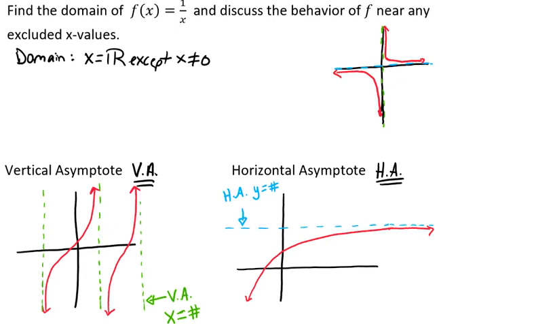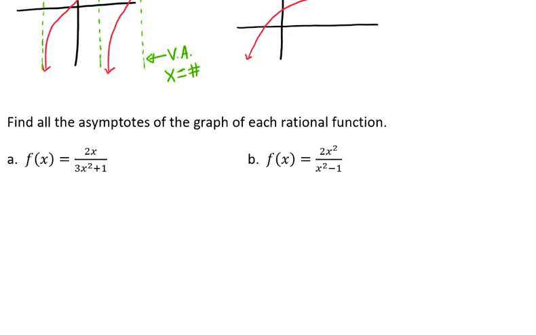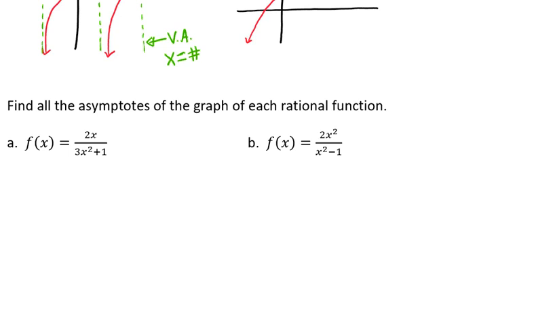All right, so let's see. We're going to find all of the asymptotes of the graph of each of these rational functions. So we'll start with example A, which is f of x equals 2x divided by 3x squared plus 1. So we'll find our vertical asymptote by taking our denominator and setting it equal to 0.